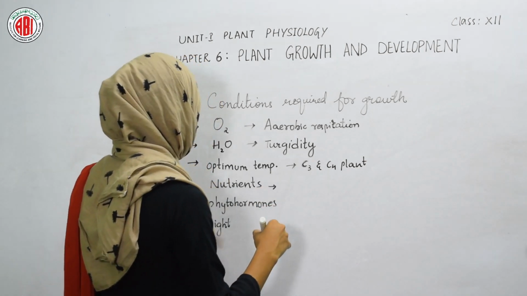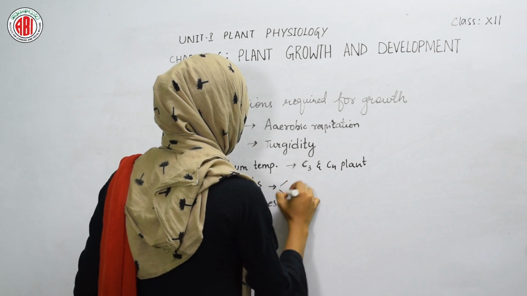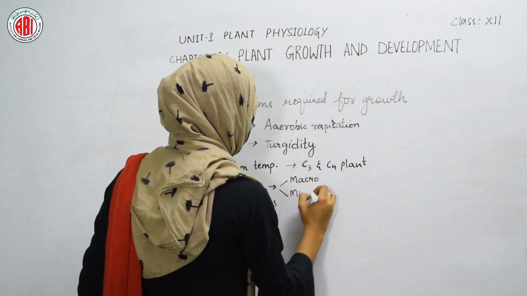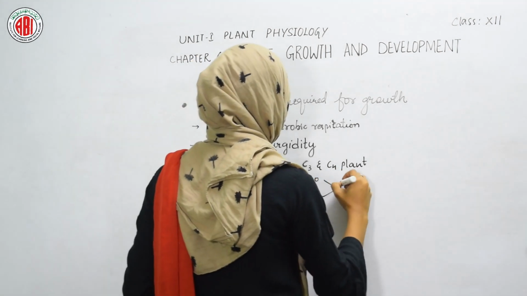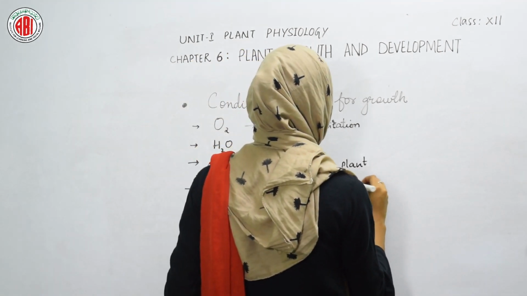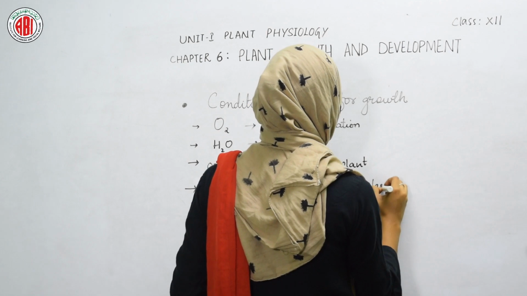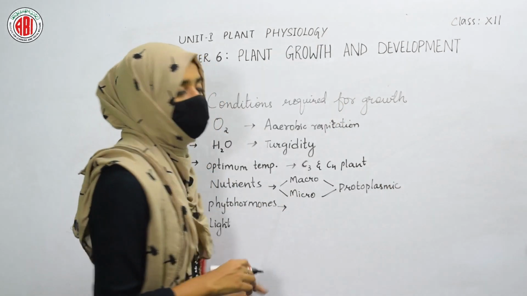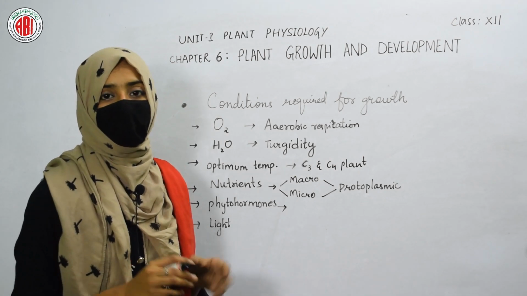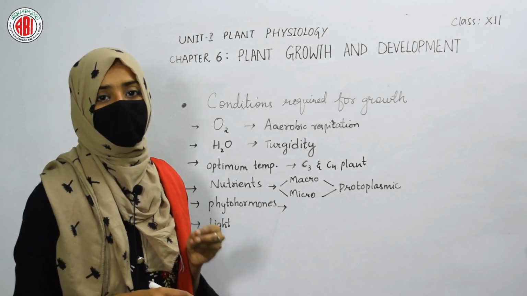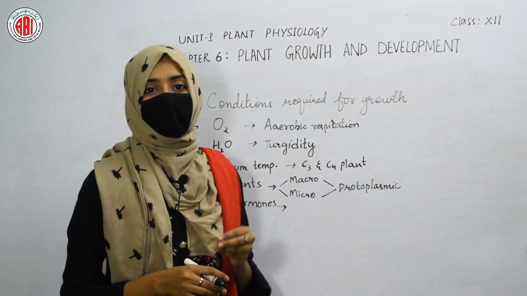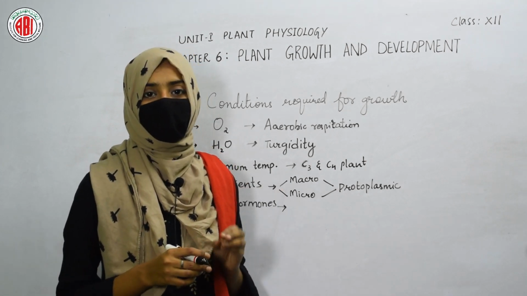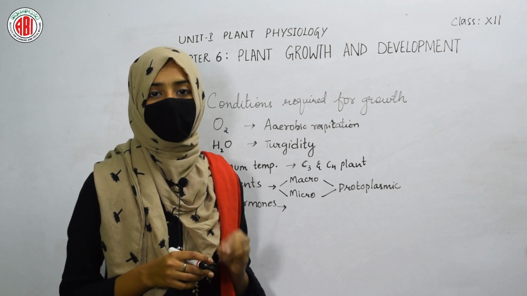The next one is nutrients. Nutrients are of two types: macronutrients and micronutrients. These nutrients increase the protoplasmic content of the cell. And the next one is phytohormones. Phytohormones are the hormones that are present in the plant body, and importantly there are 5 phytohormones recognized by different researchers.